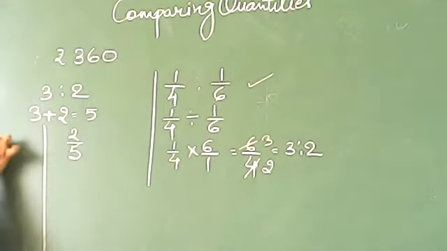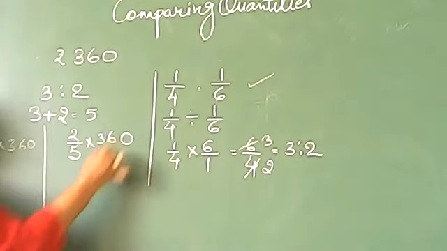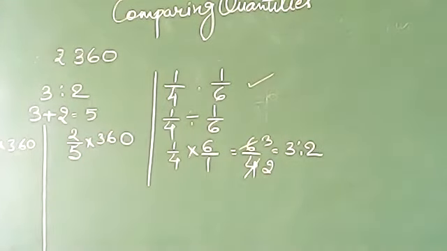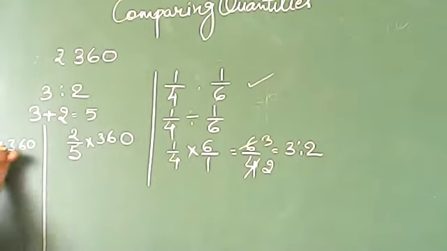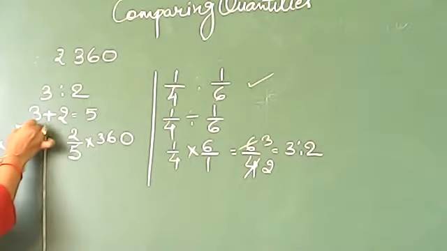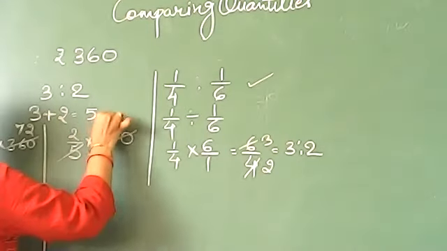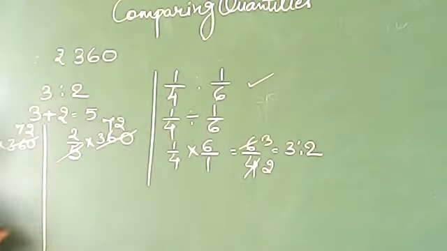Now what to divide? We have to divide 360. So 360 on both sides we will have. Now let's see how much it cancels. 5 sevens are 35 and 5 twos are 10. 5 ones are 5, 5 sevens are 35, 5 twos are 10.